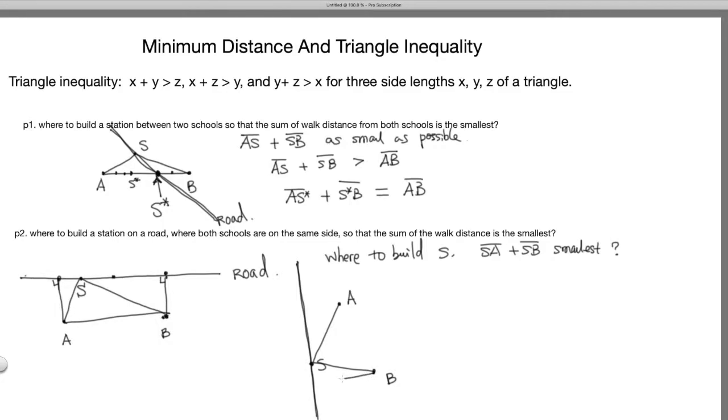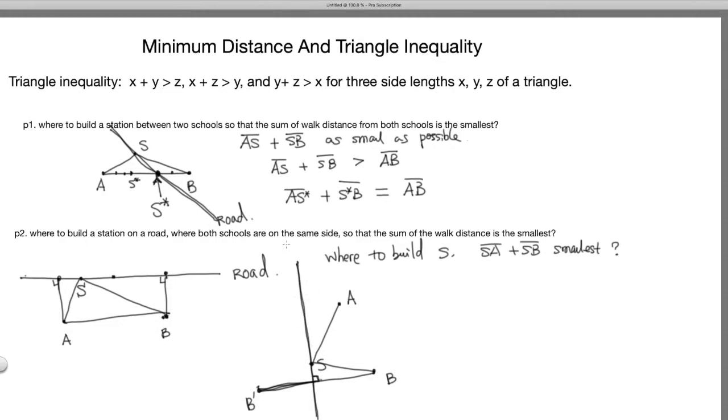So by that I mean I'm going to take a perpendicular line and find exactly the same distance as this one and call this B prime. Okay, so B prime is a reflection point along this line.